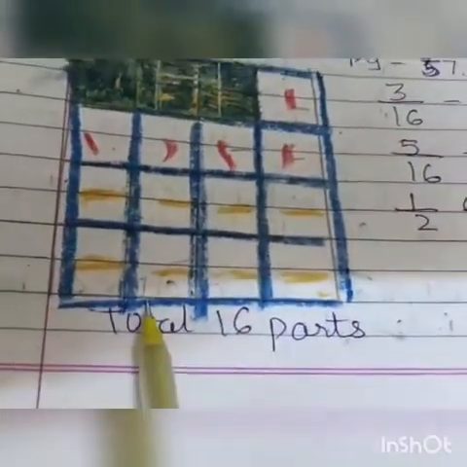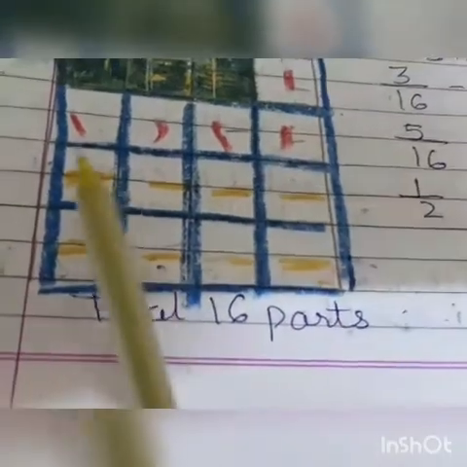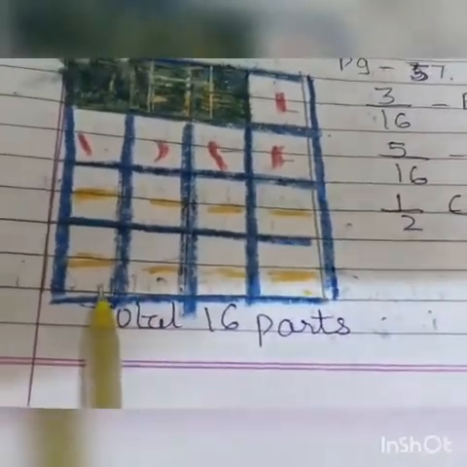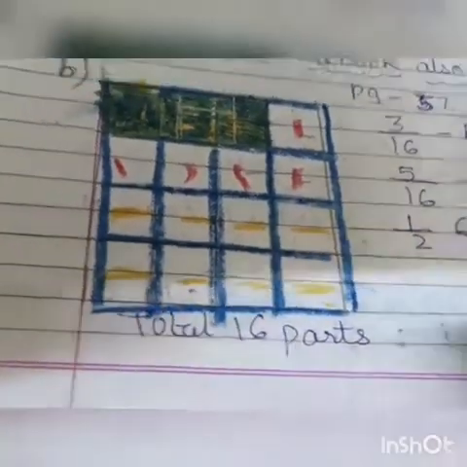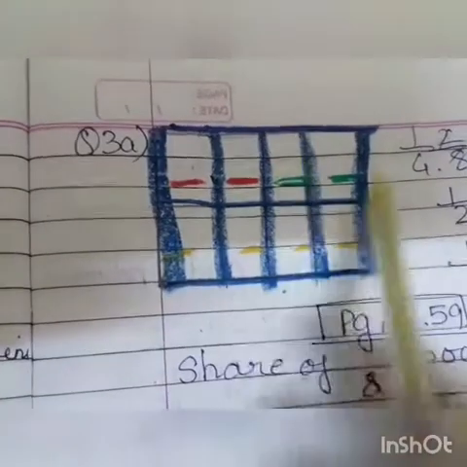So remaining 8 parts, this is the half part, up to here is the half part, and this is also half part. So this half part you have to color yellow. So this way you have to do. Here also I have done 8 parts. You have to divide this into 16 parts, and then you have to color it. So same way you have to do this on your own.